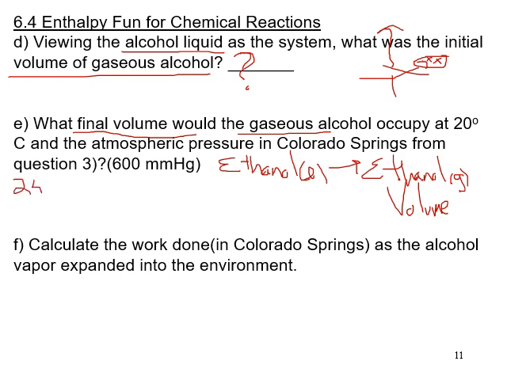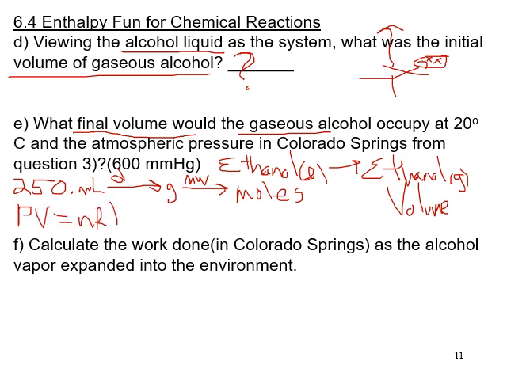Remember, it was 250 milliliters. So I could use density to get grams, and then I could use molecular weight to get moles. And once I have moles, I can use PV equals nRT to calculate that volume, and that would be the final volume.